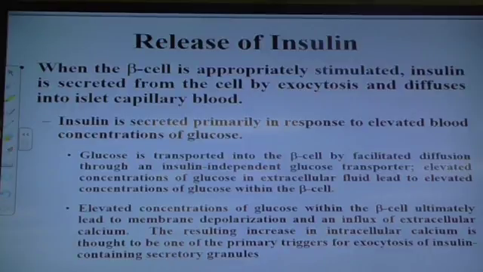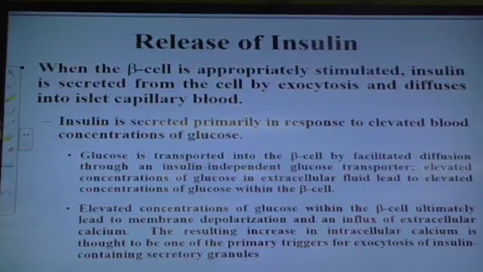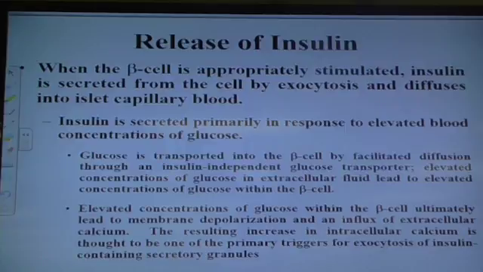Insulin is generally secreted primarily in response to elevated blood glucose concentrations, and glucose is transported into the beta cell by facilitated diffusion through an insulin-independent glucose transporter. Why do you want it to be independent to get into the beta cell? If the glucose is supposed to stimulate the beta cells to secrete insulin, do you want to have insulin present to get it in there to do that?